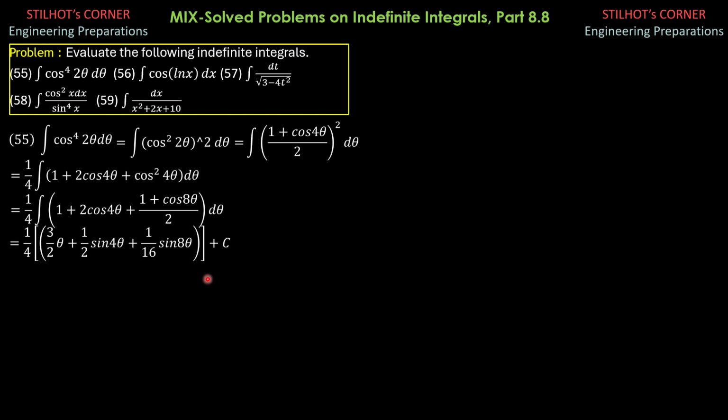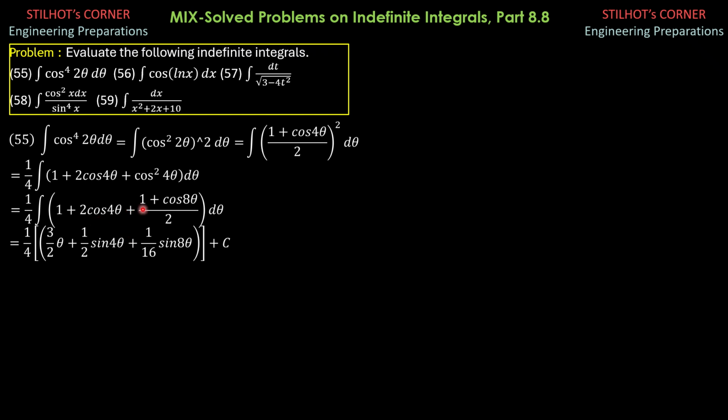So of course, the integral of 3 halves is 3 halves theta. The integral of 2 cosine 4 theta is 2 over 4, because this is 4 theta, or 1/2 sine of 4 theta.